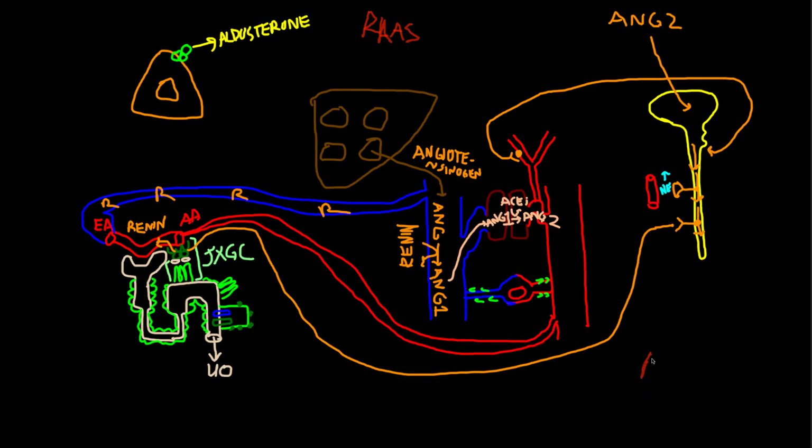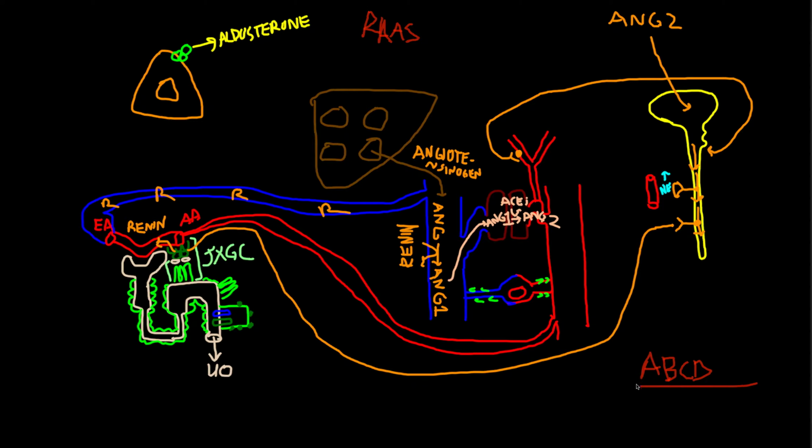The four classes, a good way to remember, is A, B, C, D. A is for ACE inhibitors, ARBs, and alpha-1 blockers and alpha-2 blockers. B is for beta blockers, C is for calcium channel blockers, and D is for thiazide diuretics.